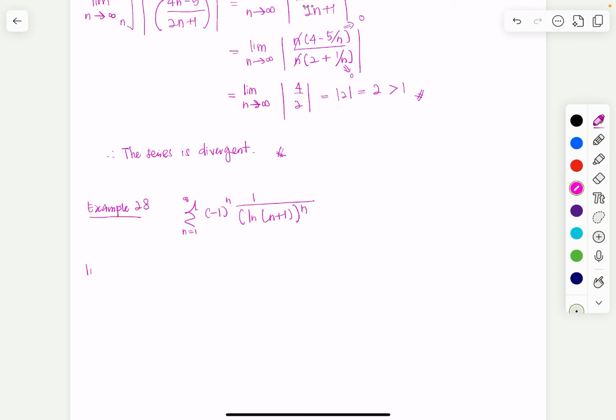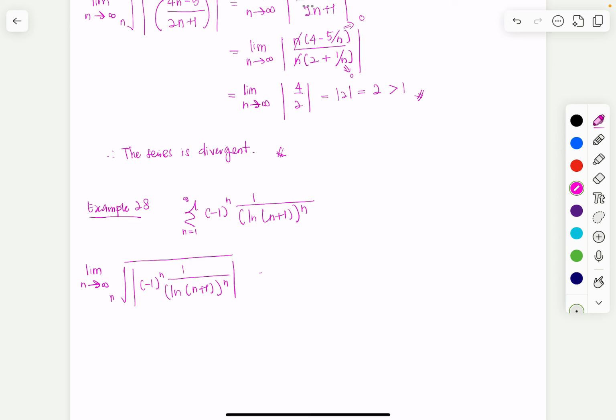So we apply the root test. We have the nth root of the absolute value of negative 1 to the power of n over (ln n plus 1) to the power of n, and we close the absolute.